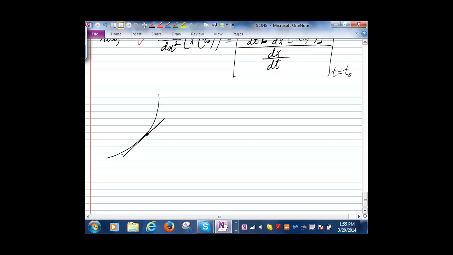There is only one tangent line. But maybe I have a curve, say, like this, right? So what happens is that maybe the object is moving in this way and moving up like this and then coming down and going out like this, right? So it crosses the point here at two distinct times. It passes through that point at two different times.